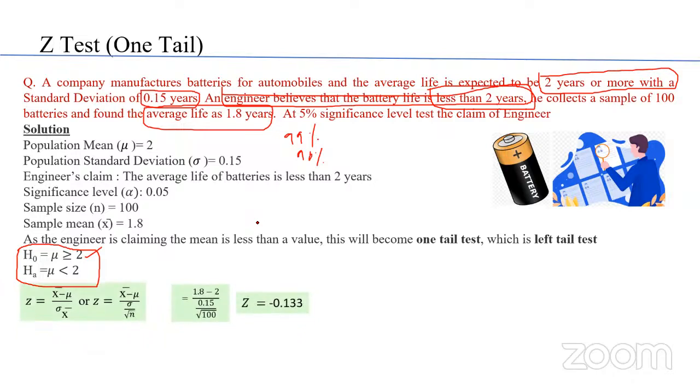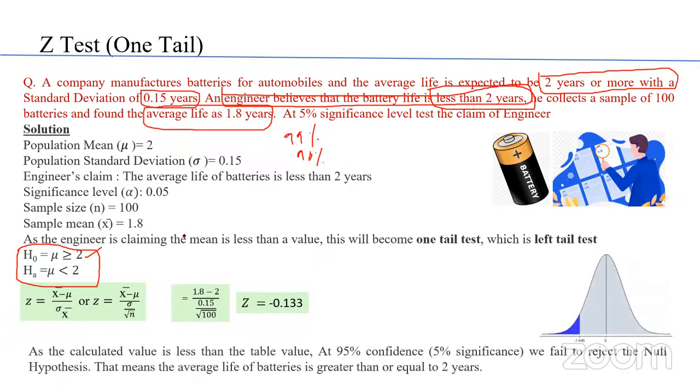The same application: x bar minus mu divided by standard error, the population standard deviation divided by square root of n. It comes to be minus 0.133. As it is a one tail test, minus 1.645 is the rejection region.